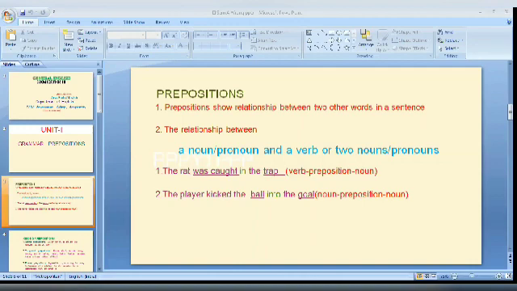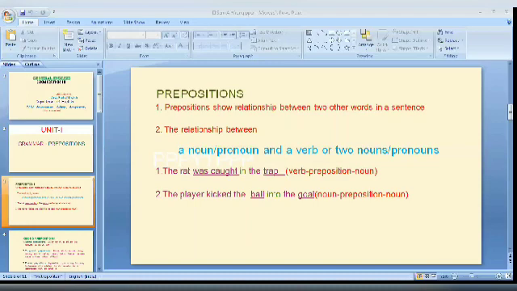Where? In the trap. So where was the rat caught is given by the answer by the word in. So here the word in is establishing, is constructing the relationship between was caught and the trap.